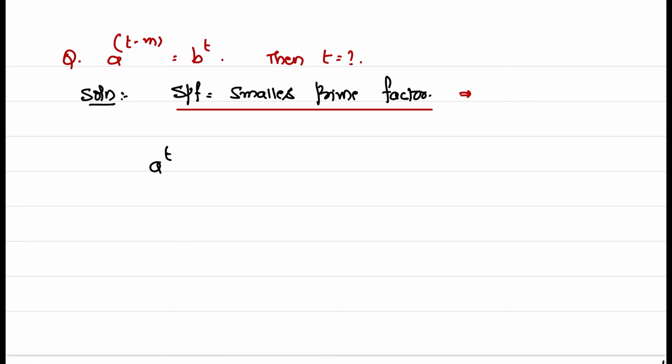A to the power of t minus m is equal to b to the power of t. Taking logarithm on both sides, here I am not talking about any base.